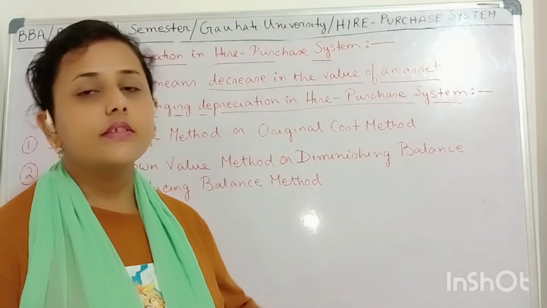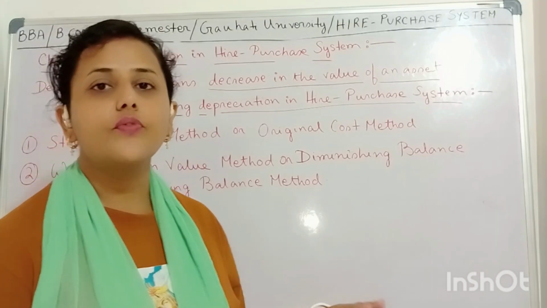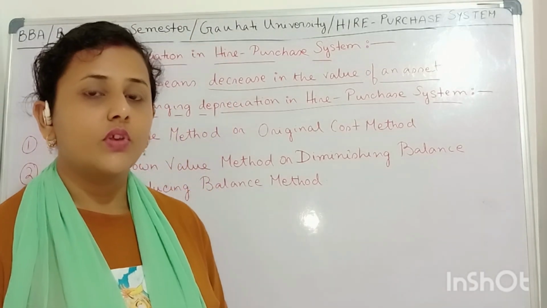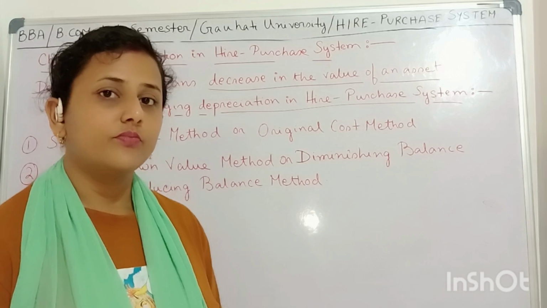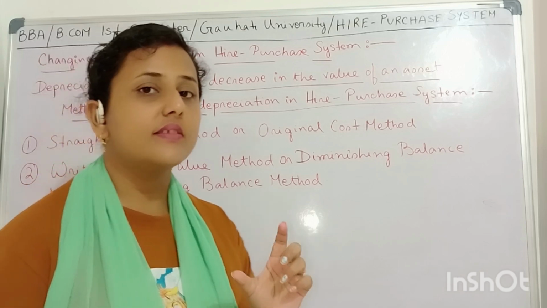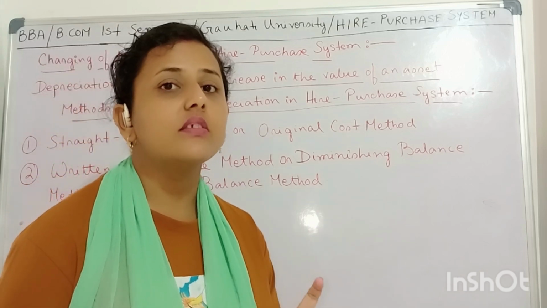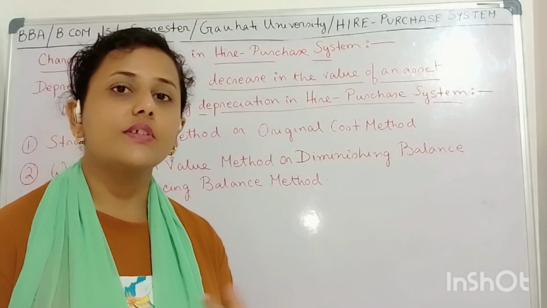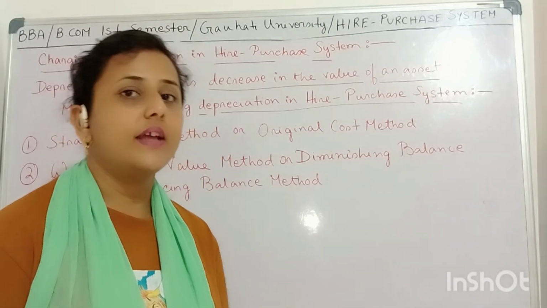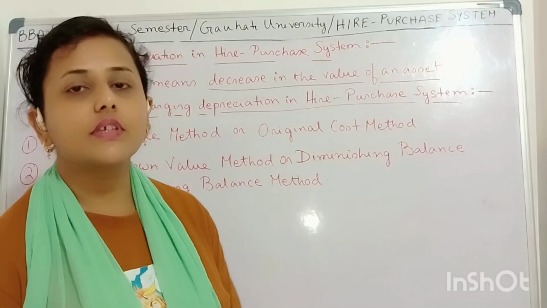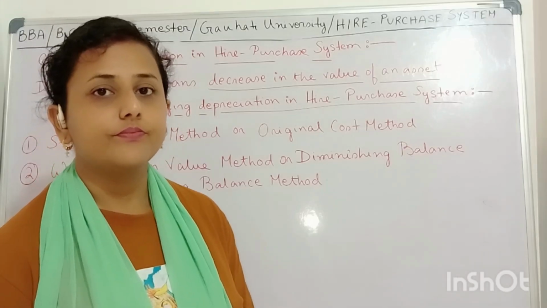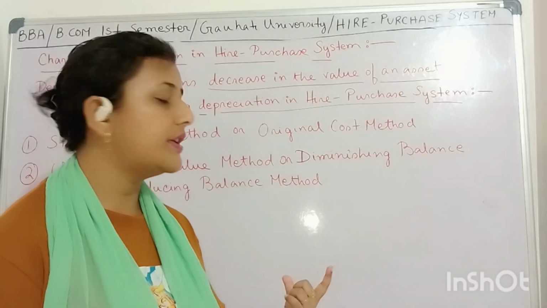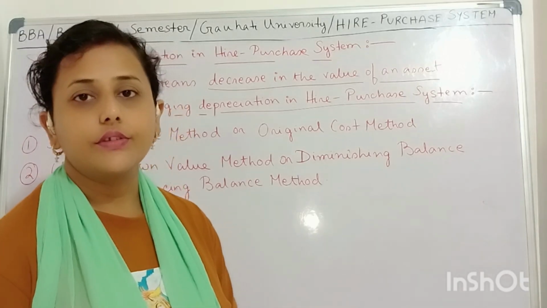Next year, the amount of depreciation will be calculated on the balance. On the balance of what? Cash price minus first year's depreciation. Whatever is the balance, on that balance again depreciation is calculated at a given rate.